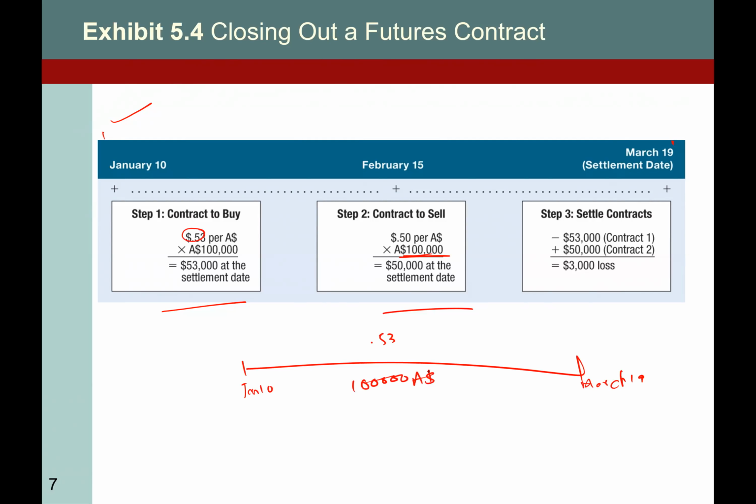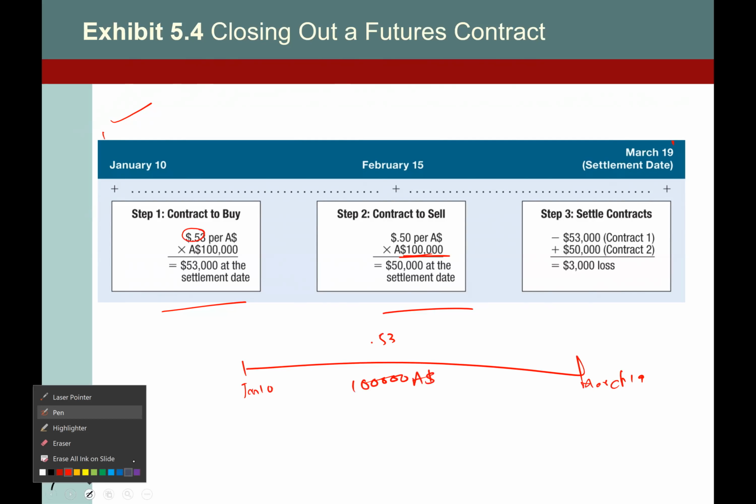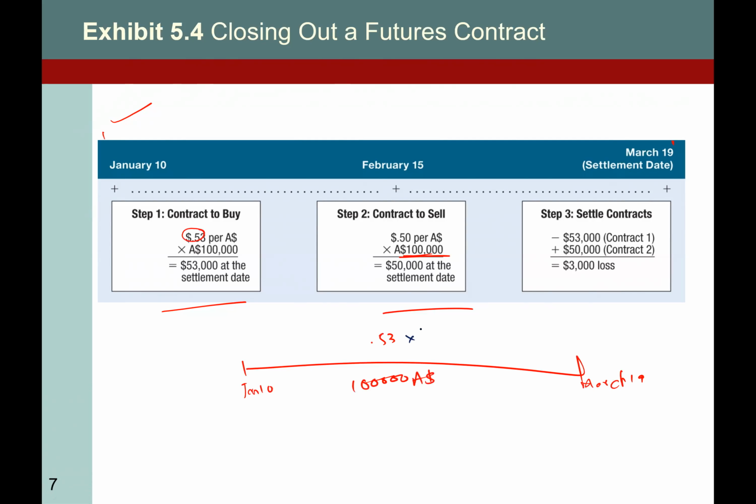Australian dollars, right? So you will purchase on the 19th of March. So you will be purchasing 100,000 Australian dollars, and it's going to cost you 53,000 US dollars.